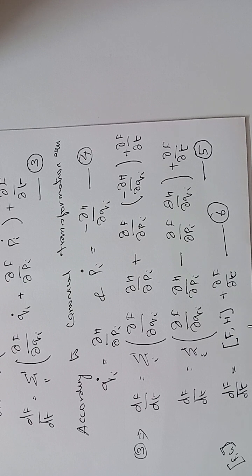By seeing this equation 6, suppose f becomes a constant of motion. We know f is a function that depends upon qi, pi and t.